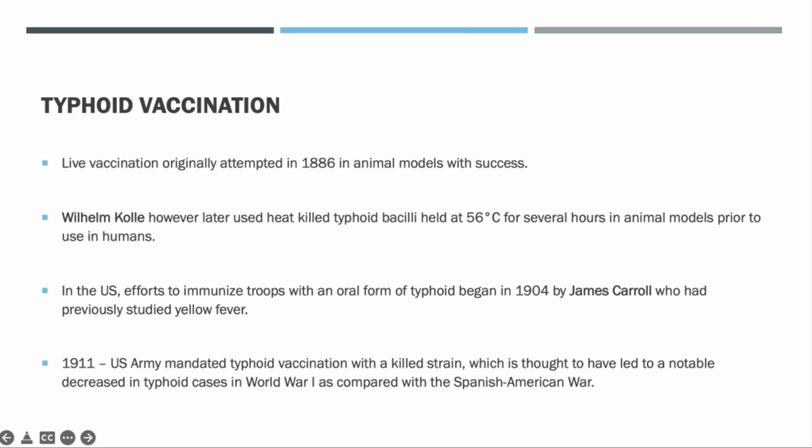In the early 1900s, efforts to immunize troops with an oral form by James Carroll, who previously studied yellow fever, paved the way for its use in subsequent years. In World War I, use of typhoid vaccination was thought to greatly reduce the incidence of disease as compared with the Spanish-American War a few years before.